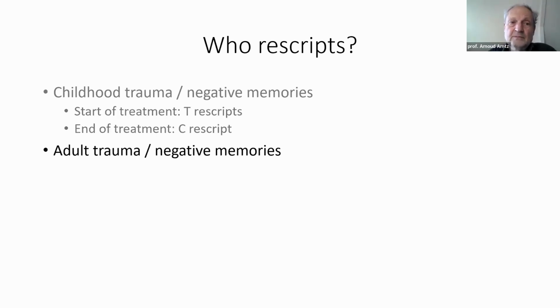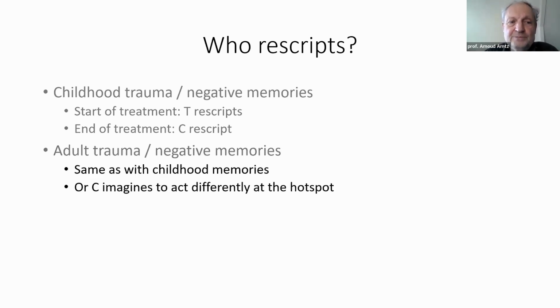Now, if we have traumas from adulthood or negative memories in general, and not so much with roots in childhood, we can use the same technique as with childhood memories, but here it's not a child in the memory, it's the former self.